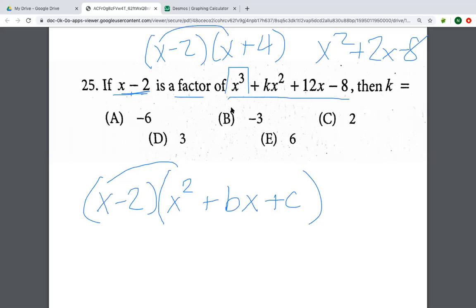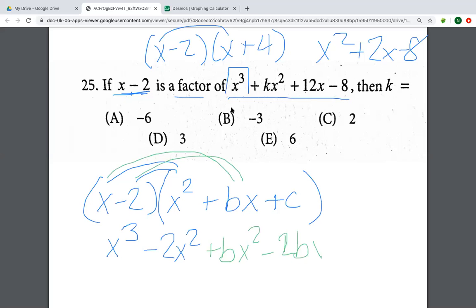So what I can do, though, is start multiplying out. I know I'm going to have x cubed minus 2x squared. So really, I just did these first two first. And then I have x times bx, which is plus bx squared, minus 2bx.